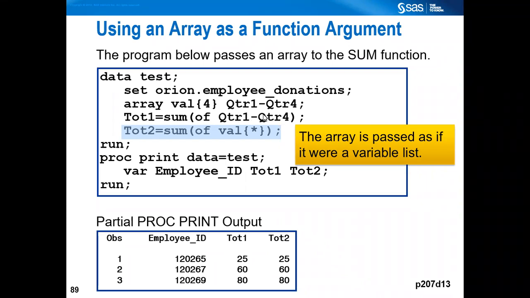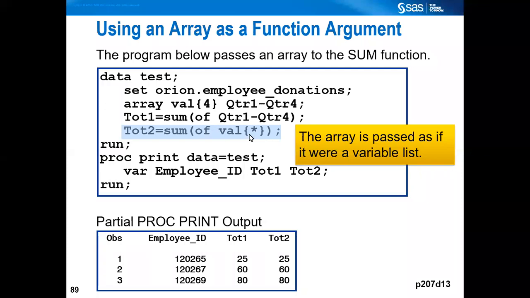Now we know on these existing columns, we have created an array named val, correct? So instead of writing quarter 1 to quarter 4 along with your sum function to calculate its total, instead of using these columns, we can use val as an array name, sum of val with all the subscripts.